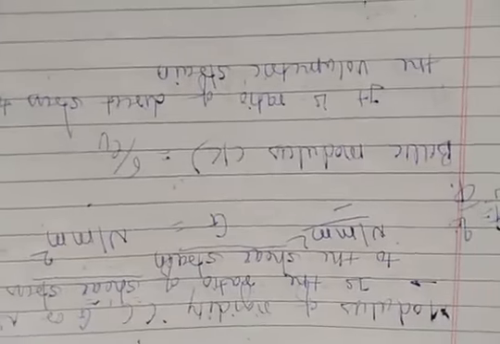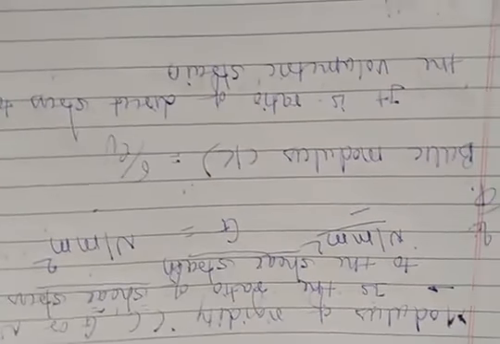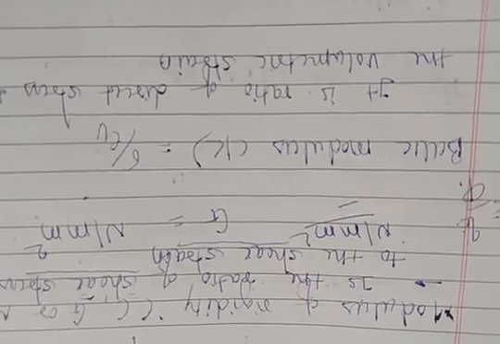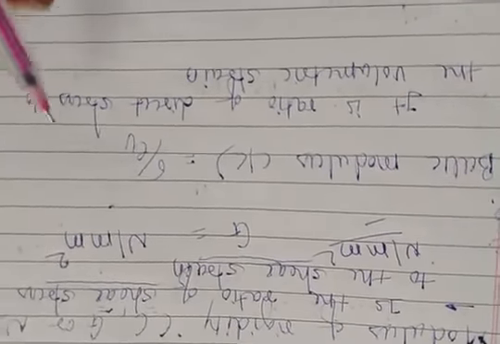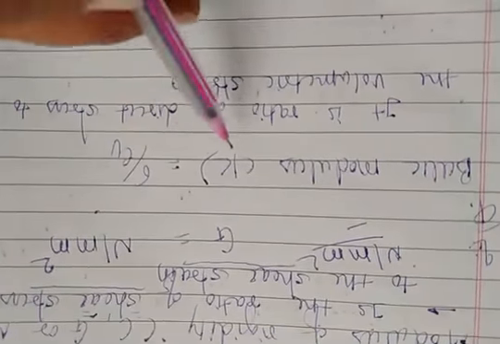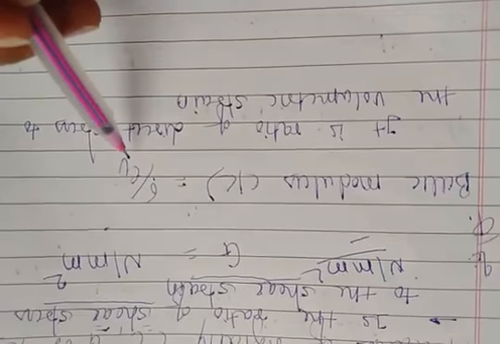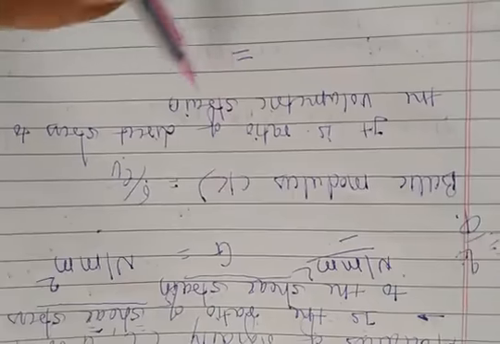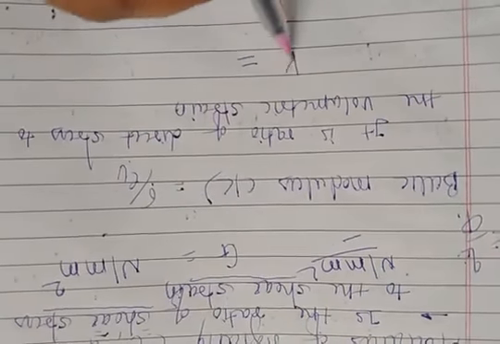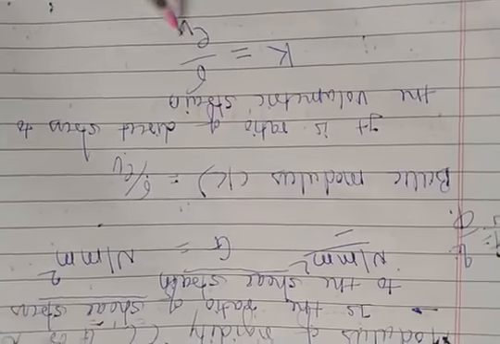The next elastic constant is the bulk modulus. It is defined as the ratio of direct stress to the volumetric strain, and it is denoted by letter K. So bulk modulus K is direct stress upon volumetric strain.